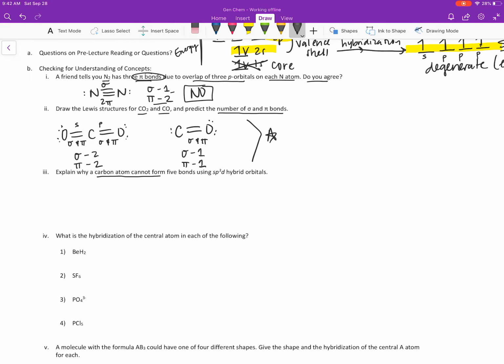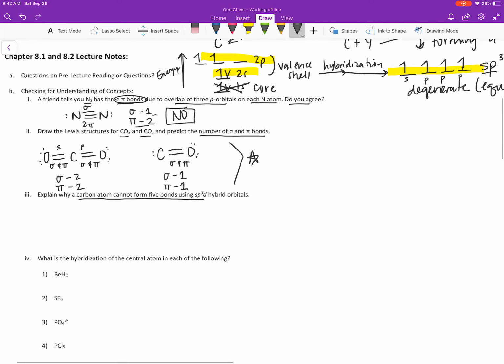So explain why a carbon atom cannot form 5 bonds using sp3d hybridized orbitals. So in order to answer this, we have to look up here and ask ourselves, well, where are the d orbitals? Okay, so if we think about that, carbon does not have access to d orbitals.